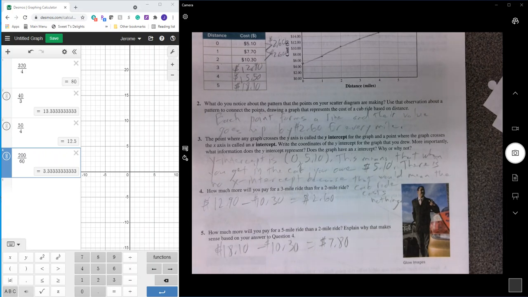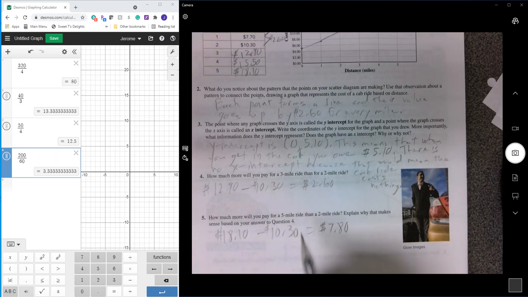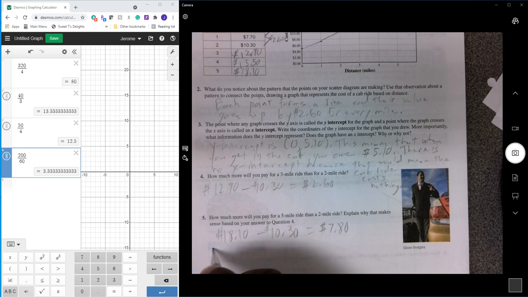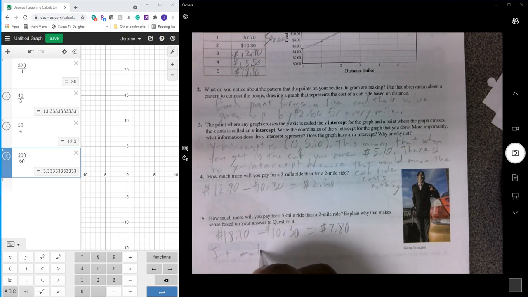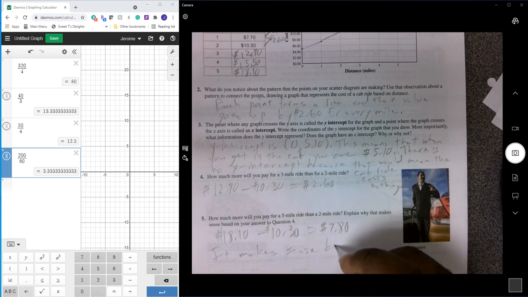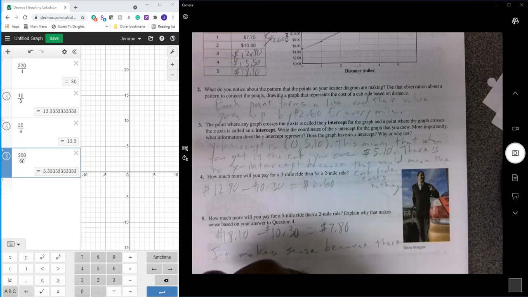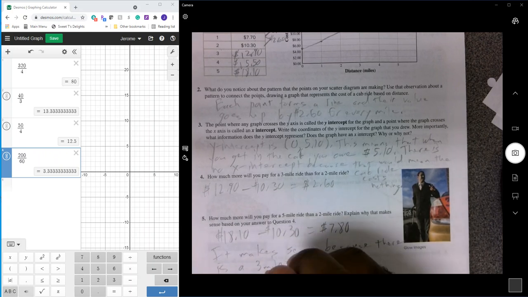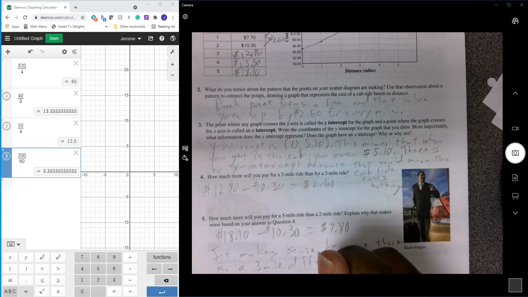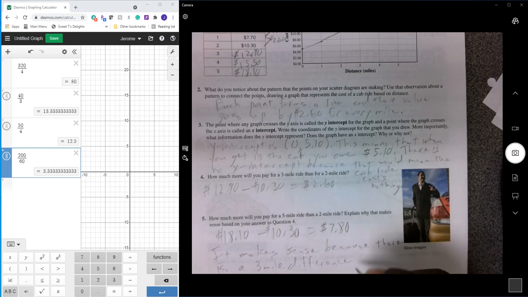Okay, it says explain why that makes sense based on your answer to question 4. And it makes sense because there is a 3-mile difference in this problem.